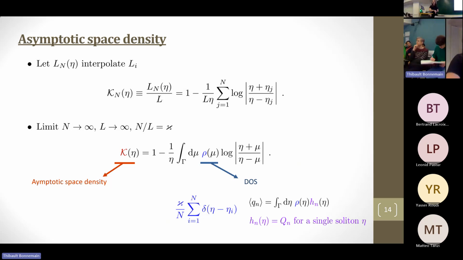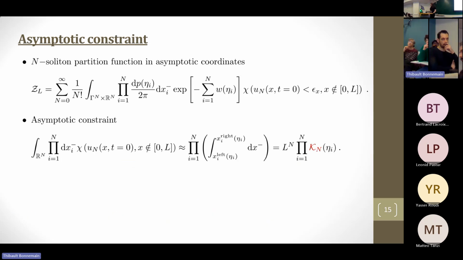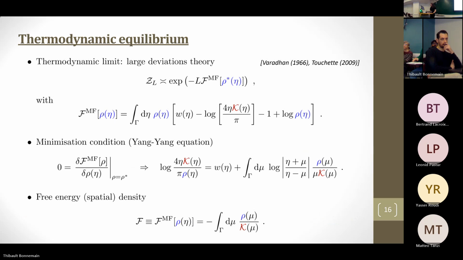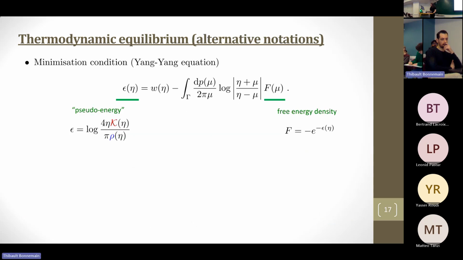K, in quantum thinking, is the density of states. So it's one dressed. K is dressed. I'll come to this.